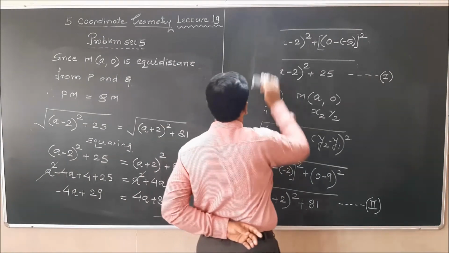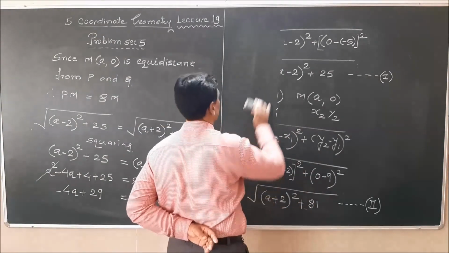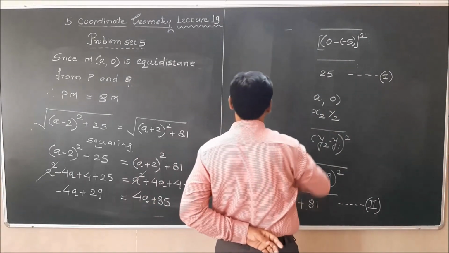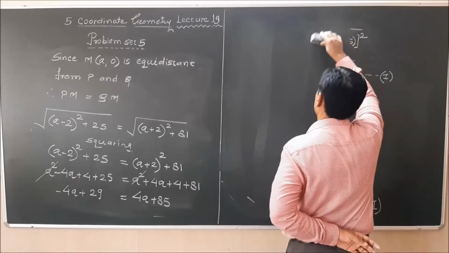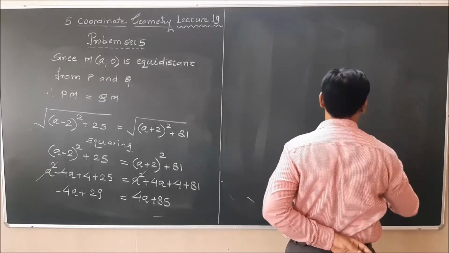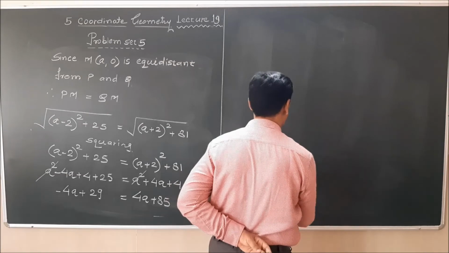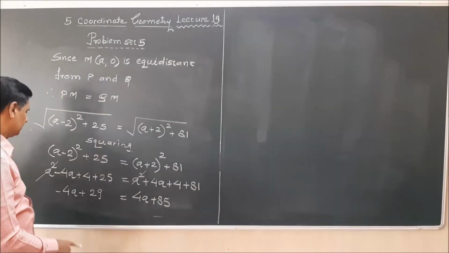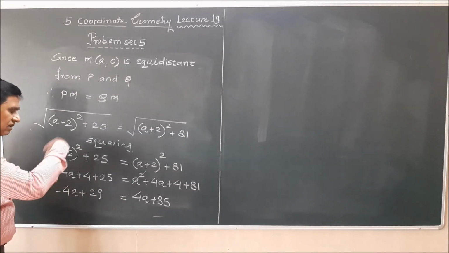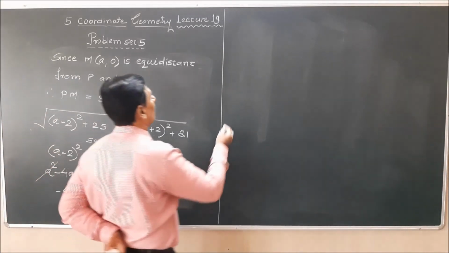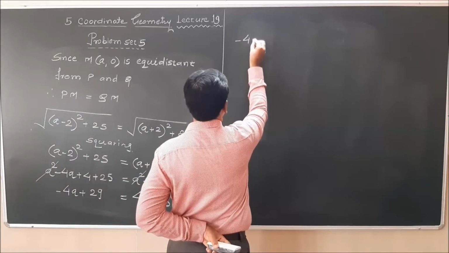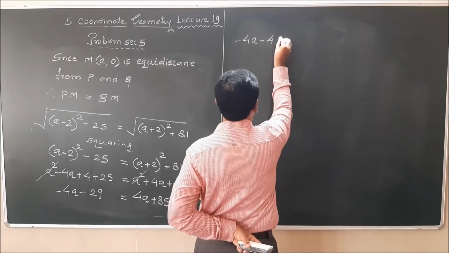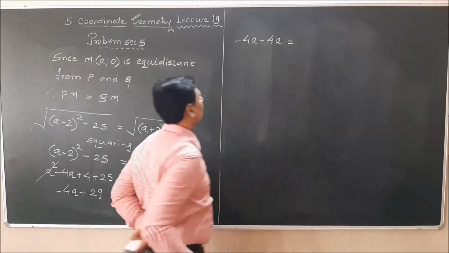We have to find out the coordinates of M. M lies on x-axis, which is equidistant from both the points. So next step: 4a, which is on the right hand side, if I transfer it to the left hand side, I will get minus 4a.